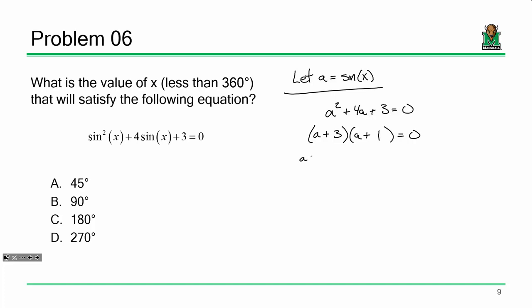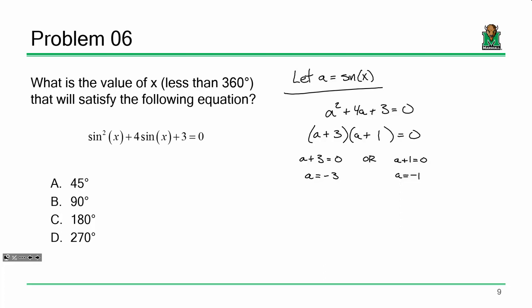So that means that a plus 3 equals 0 or a plus 1 equals 0. And that gives us that a is minus 3 or a is minus 1. Is that a fair statement? Now, what does that truly mean, though?